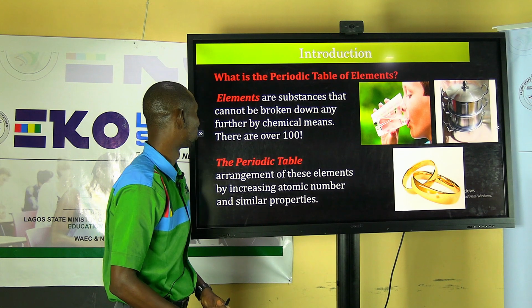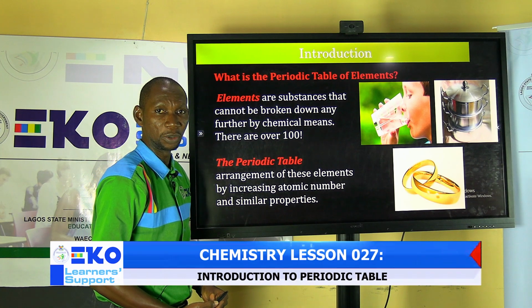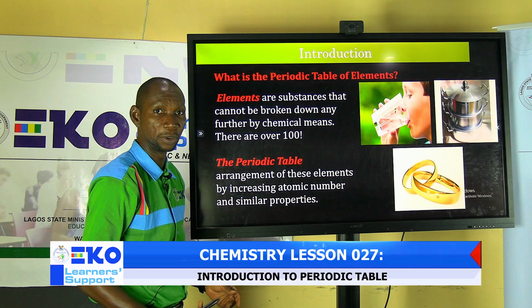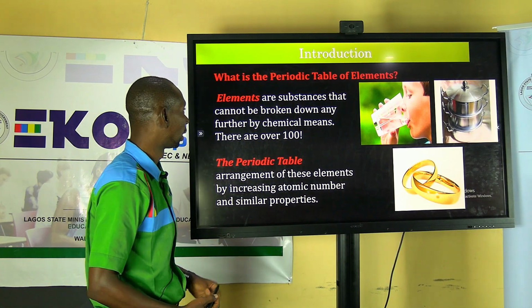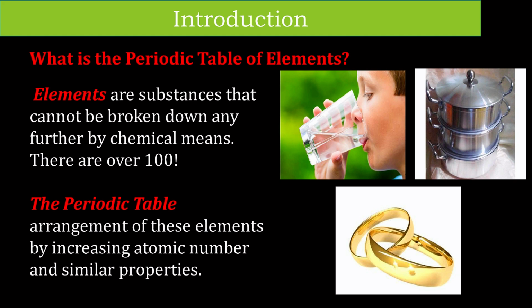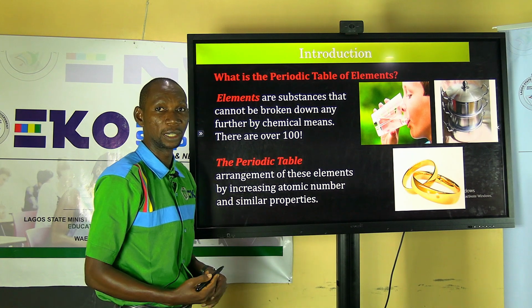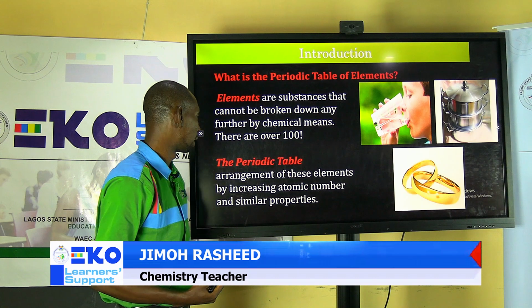Let's introduce the topic. Since the periodic table contains elements, the first thing we need to know is what elements are. That's elementary, I know, but it is important to your understanding of this topic. An element is a substance that cannot be broken down by any chemical reaction. We have over 100 elements that have been discovered so far, and these are what the periodic table contains.